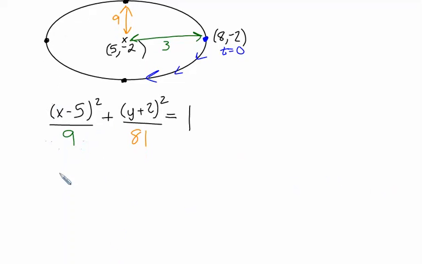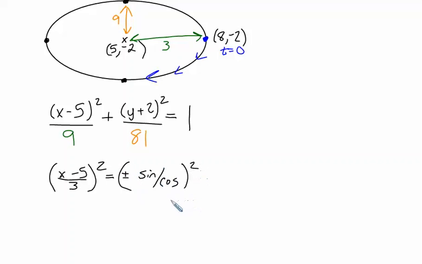So we would have had x minus 5 all over 3, the quantity squared, had to equal either sine or cosine, and they could have been plus or minus being squared. Because remember when we developed this, we had sine squared plus cosine squared equaled 1. So the other of the two would have to be plus or minus either sine or cosine, that's to be determined, and it would be y plus 2 all over 9, the quantity squared.